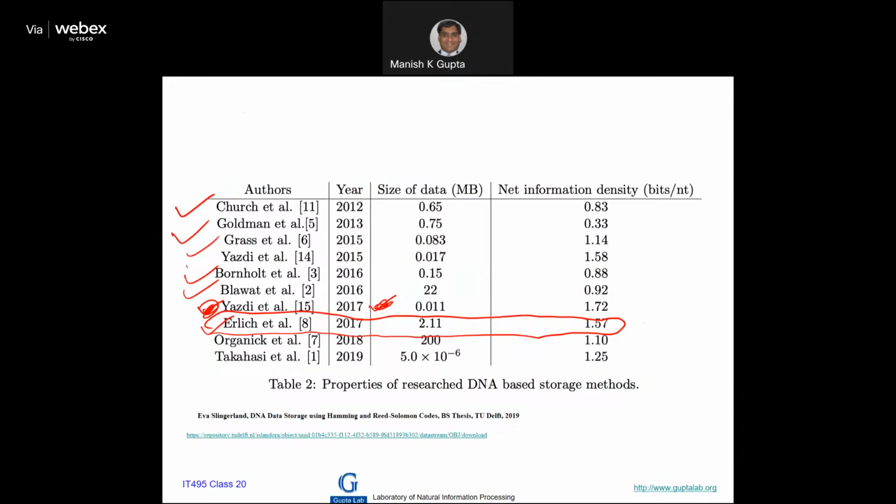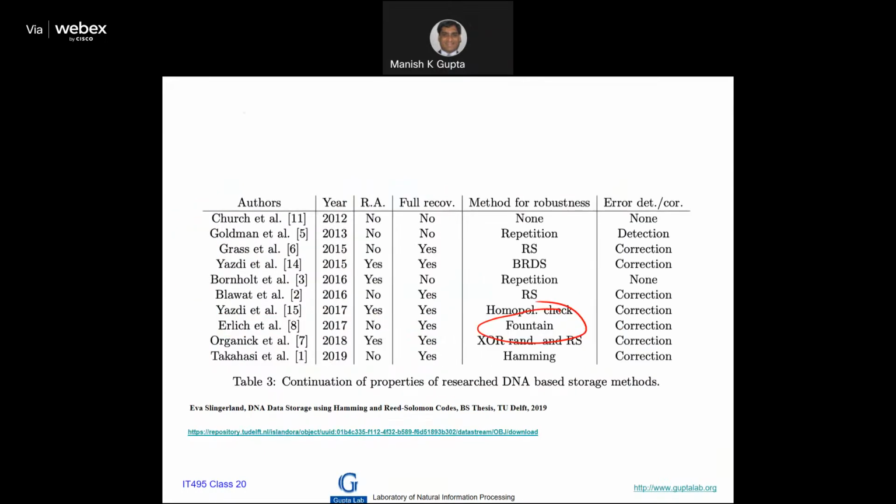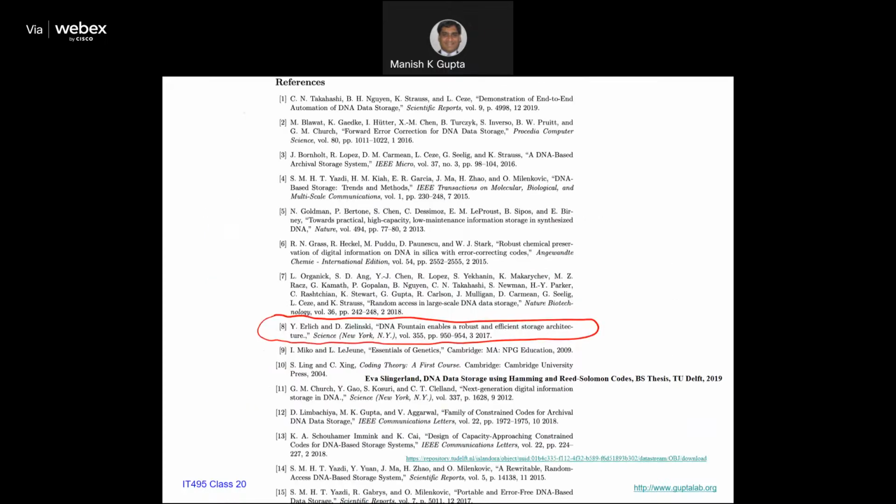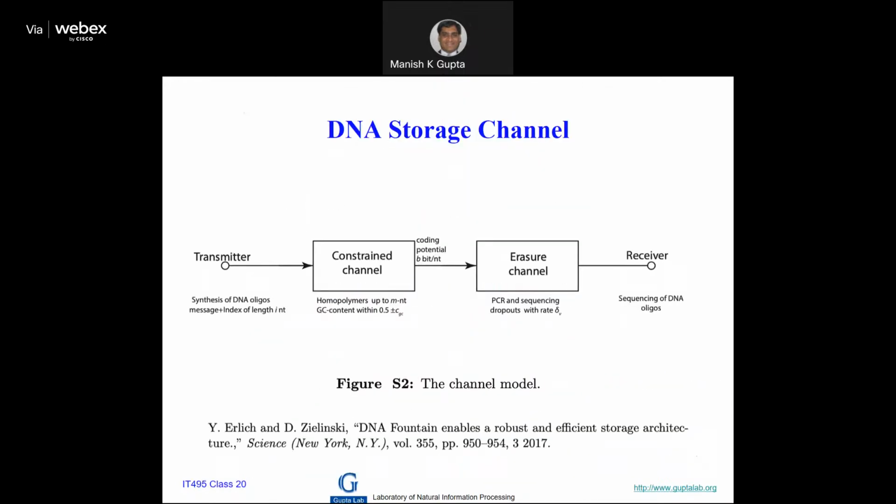We were looking at this paper from the year 2017 by Erlich on DNA fountain codes. This is the reference; the paper appeared in Science. Recalling from the last class, the channel had a constrained code channel and the erasure channel, and we are discussing the erasure channel.